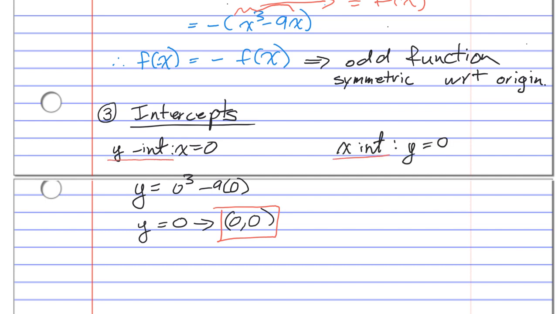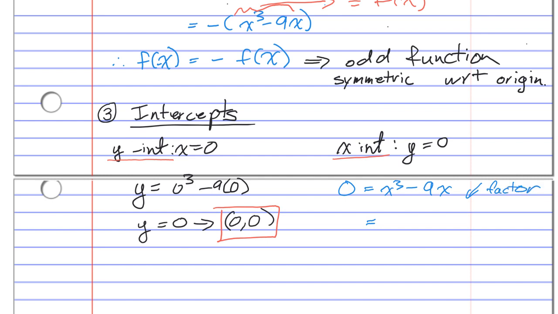Now, let's go and calculate the X-intercept. So like we've been doing since grade 9, we're going to let y equal 0, okay? And when we let y equal 0, our equation becomes 0 is equal to x cubed minus 9x. I'm going to highlight this in blue so you can kind of see it. Now, the only way we can find the zeros here is we have to factor.